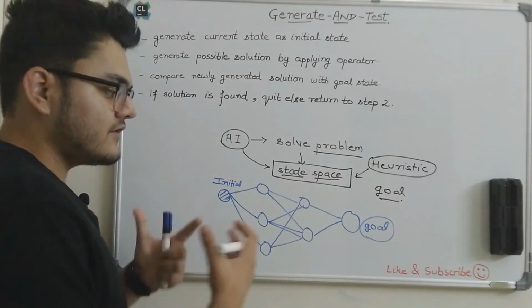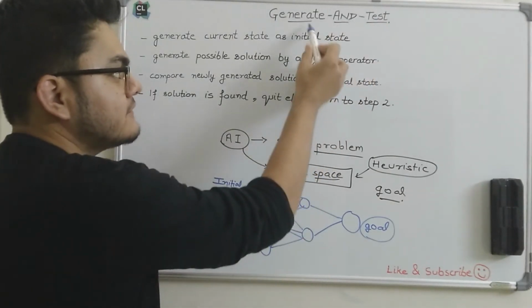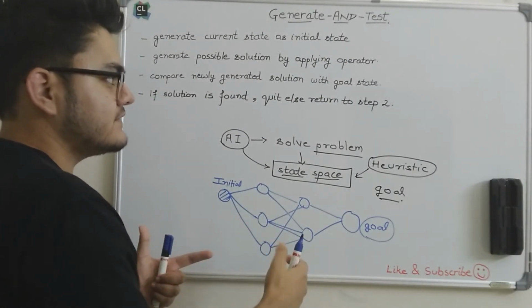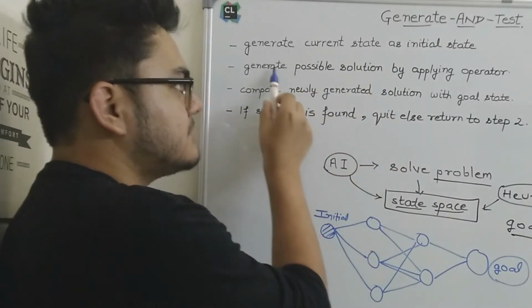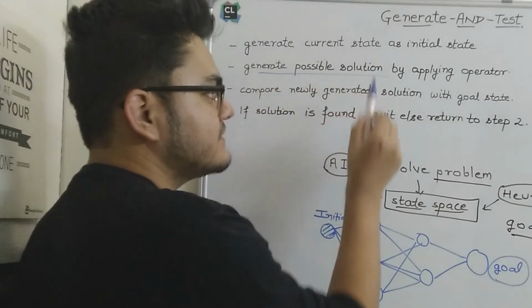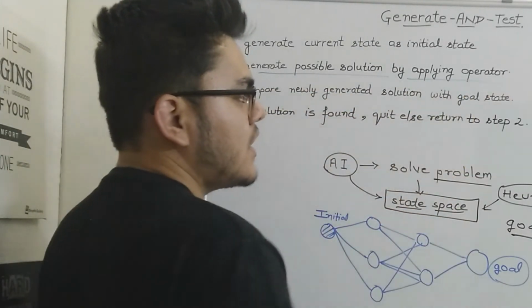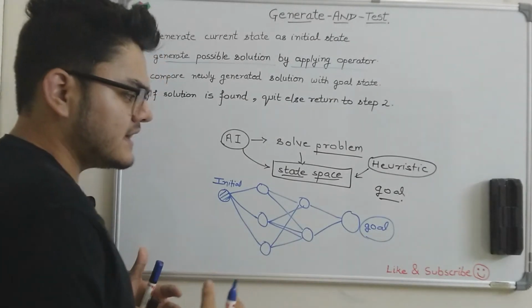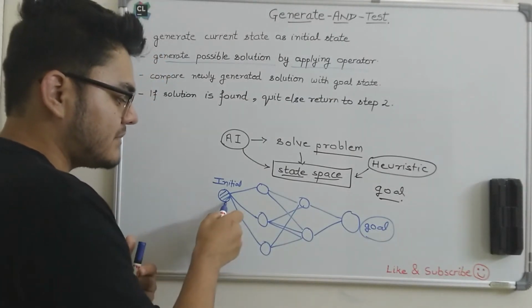Now, generate and test means first we are going to generate the possible solutions, which you can see in step 2. We will have to generate a possible solution by applying an operator, right? In order to reach the next state, the AI agent will have to apply some operator to this state.